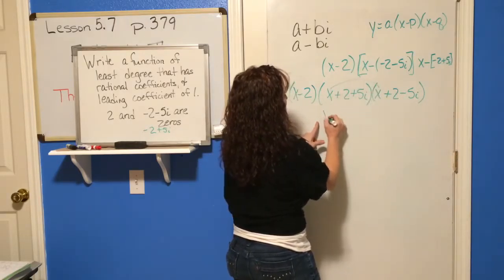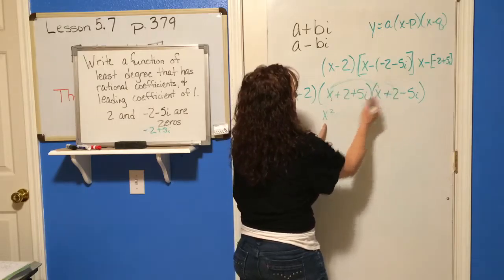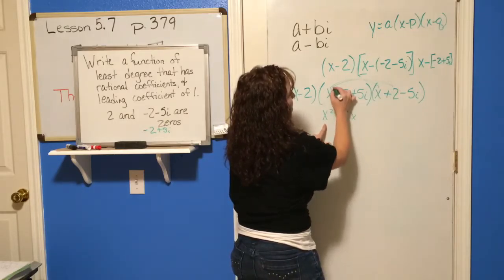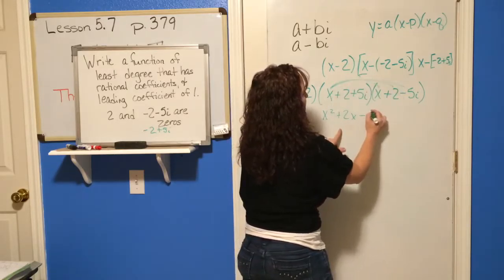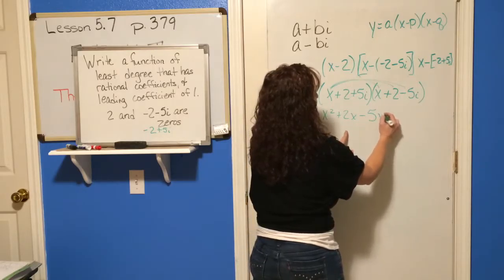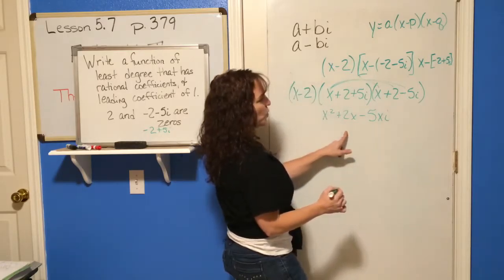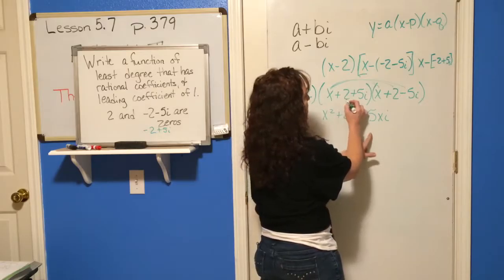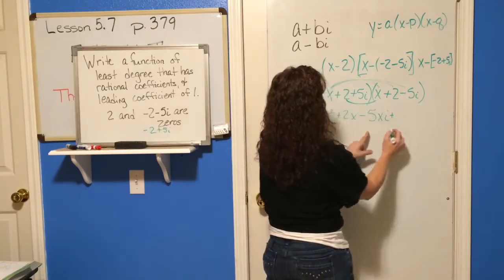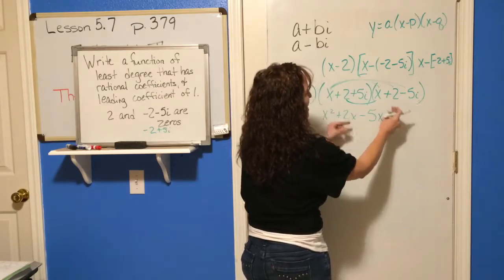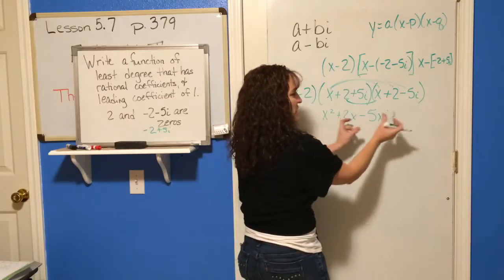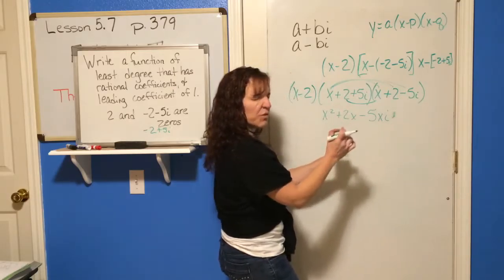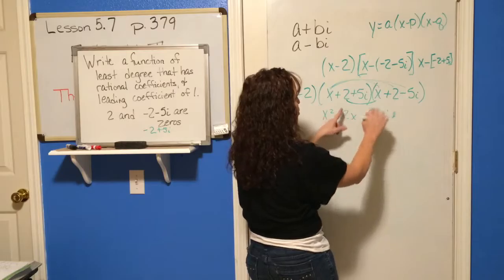So x times x is x squared, plus 2x, minus 5xi, and then our 2's plus 2x. What I would do here is stack these so that you're not having to deal with all sorts of different terms. Let's put the terms together.